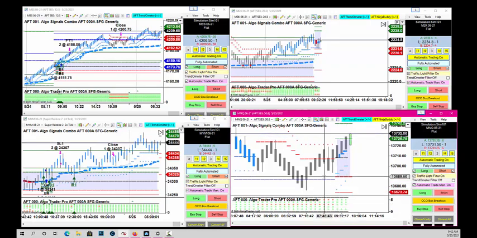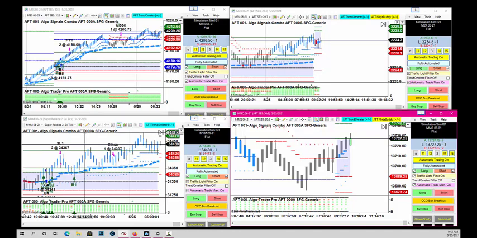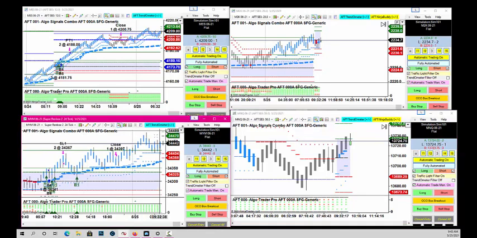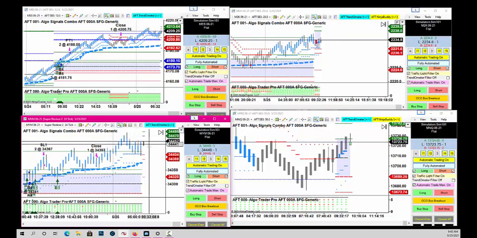So nothing generated yet there. So we just sit and wait, let the software do the heavy lifting. But of course, we're going to manage and oversee everything. We're not just going to turn it on and walk away.